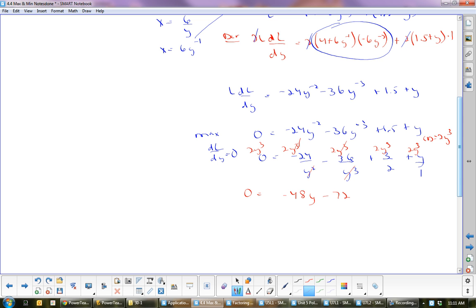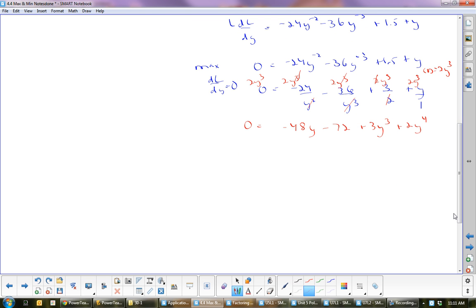This one, the 2's will cancel, so I'll get plus 3y cubed. And this one, I'm not canceling anything, 2y to the 4.